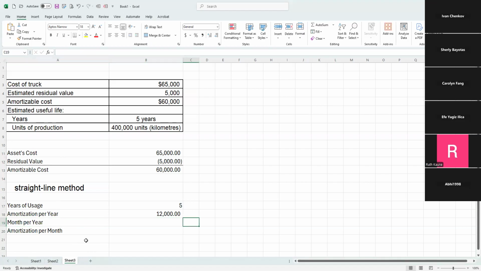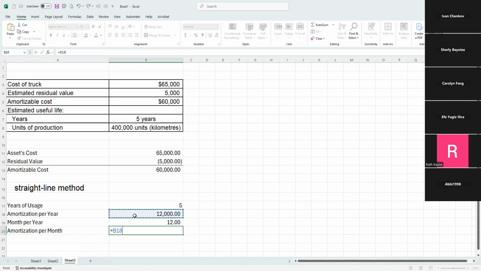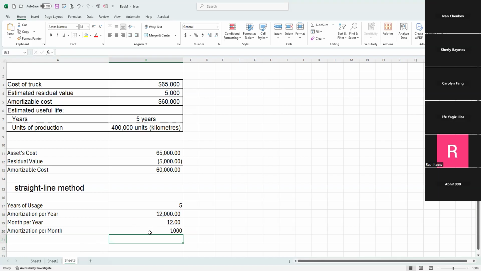How many months do we have per year? Usually 12. Now, obviously, depends on where you're doing the accounting. They may go up in the number of months. But as long as you stay on planet Earth, it's going to be 12. So 12,000 divided by 12 months, that's going to give you amortization per month.